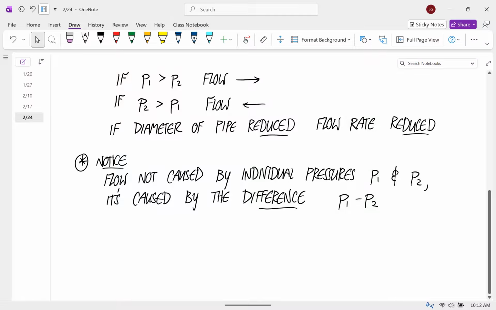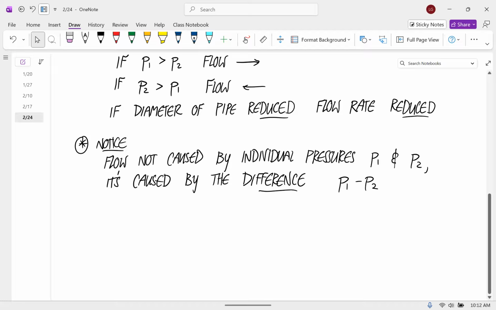Okay, so here's the analogy. Keep this in mind as we start talking about these electrical quantities. Here's the electrical analogy.